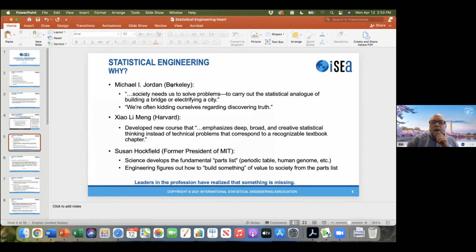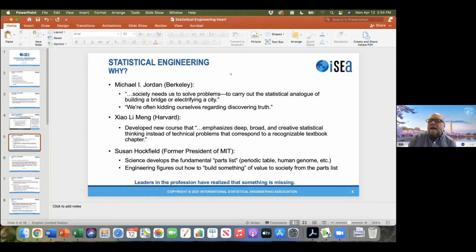So not only Jordan, but several other well-known individuals have made these same points. In the previous slide, Michael Jordan said society needs us to solve problems, to carry out the statistical analog of building a bridge or electrifying a city. That is a major engineering task that goes well beyond any individual tool, and we're often just kidding ourselves about discovering truth.